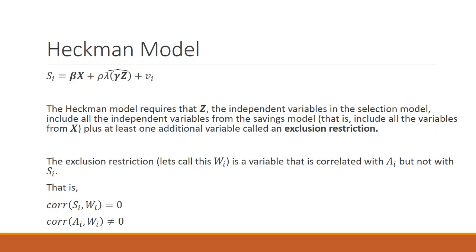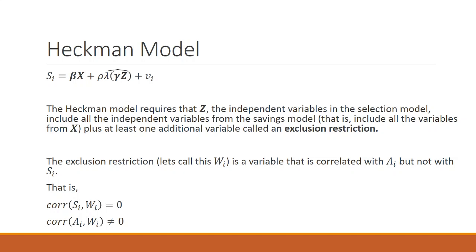We call this at least one additional variable an exclusion restriction. So z has to include all the independent variables in x. I'll illustrate this in data later to make this more clear. What is an exclusion restriction?